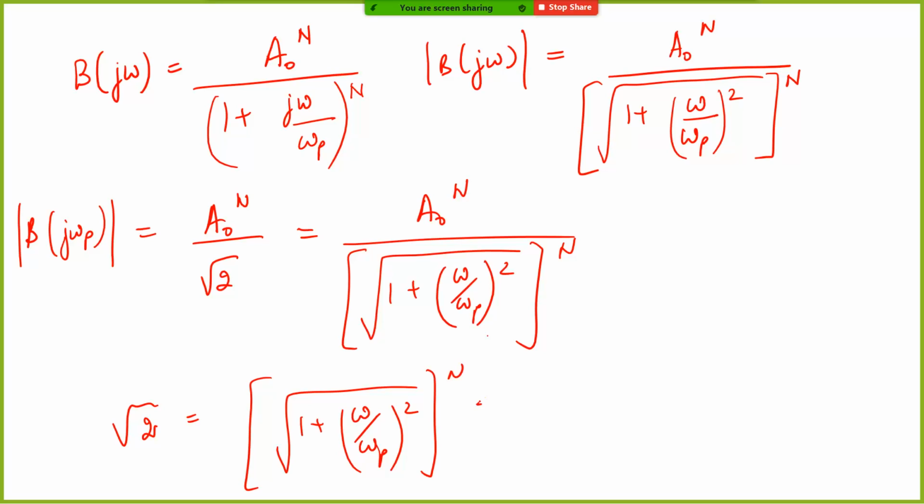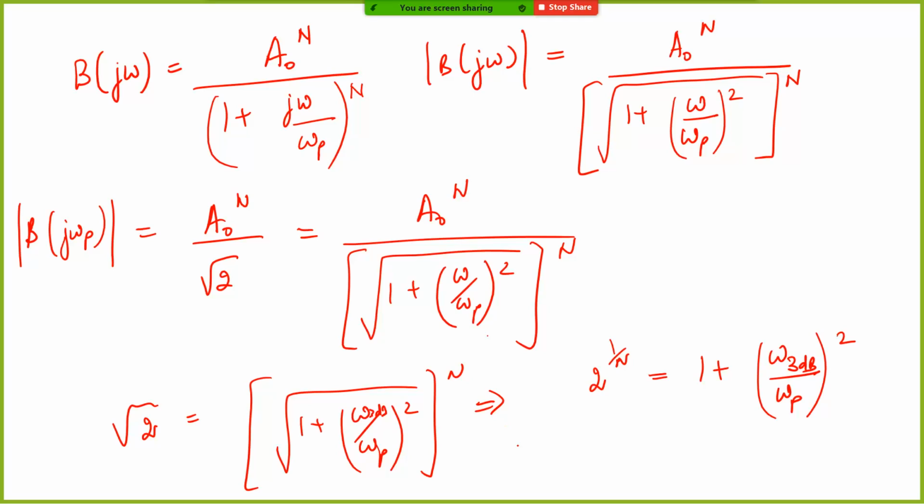Now squaring on both sides, what do you get? 2 is equal to (1 plus (omega 3 dB by omega p) the whole square) to the power of n. Taking the nth root, you basically get 2 to the power of 1 by n is equal to 1 plus (omega 3 dB by omega p) the whole square.